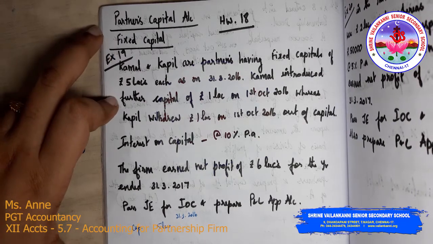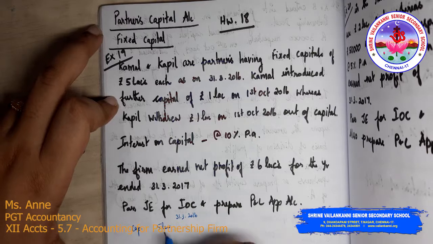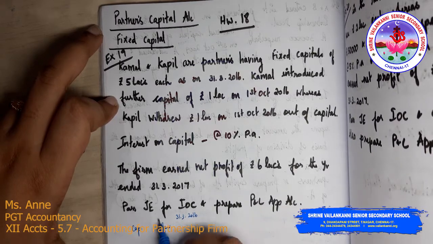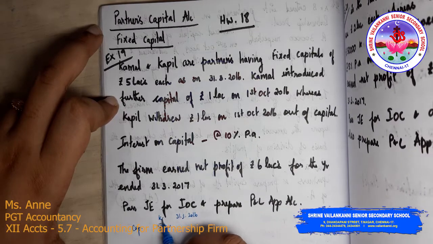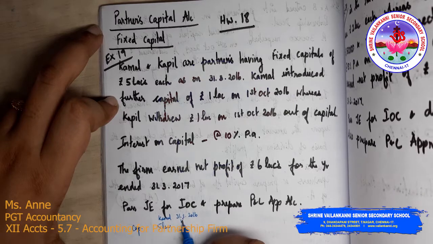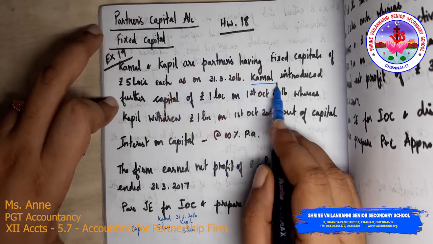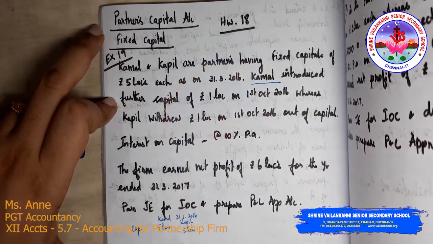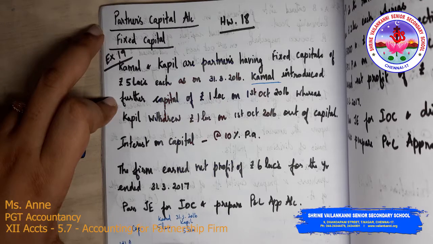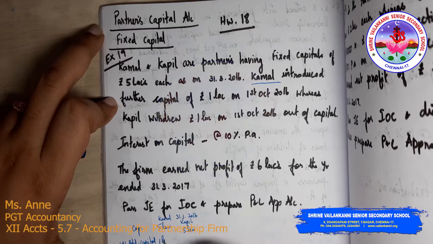Kamal introduced a further capital of rupees 1 lakh. Now we have to check what is introduced by Kamal and what is introduced by Kapil. Kapil has introduced 5 lakhs. Kamal has introduced further capital of 1 lakh, so an additional capital of 1 lakh introduced by Kamal.